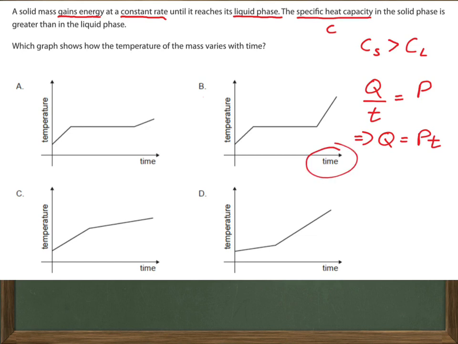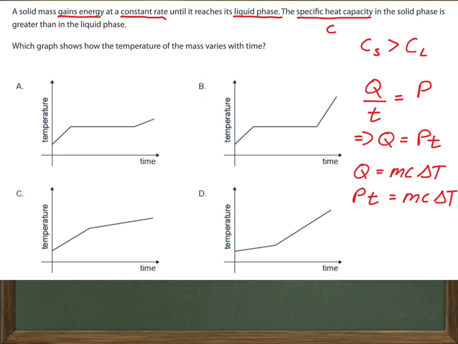My graph has time in it, so I needed some way to get time into the equation. So since Q is equal to MC delta T, I can now say, well, therefore P times T is equal to MC delta T. And now I want to relate this to my graph.